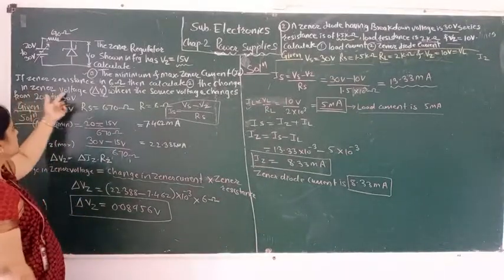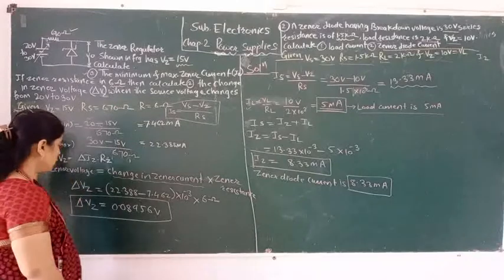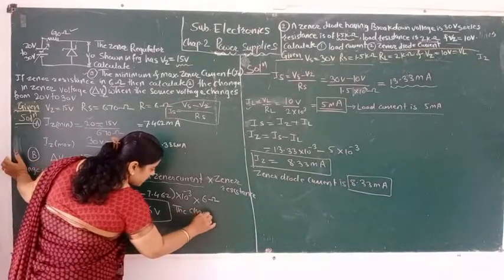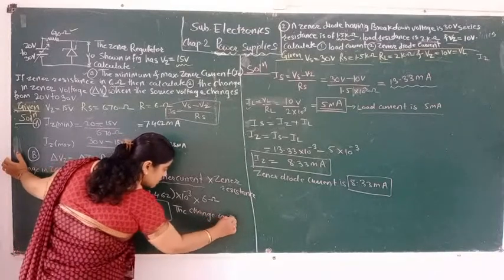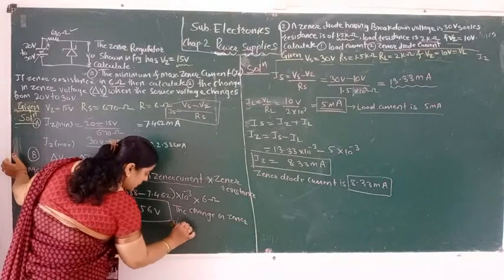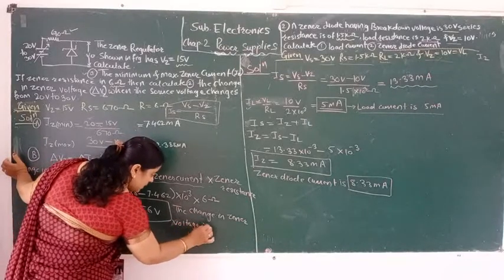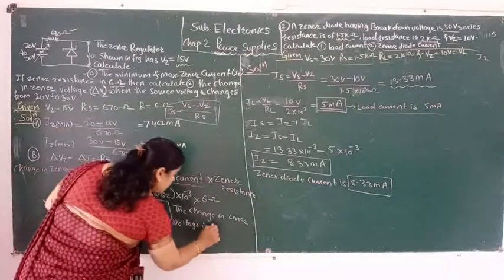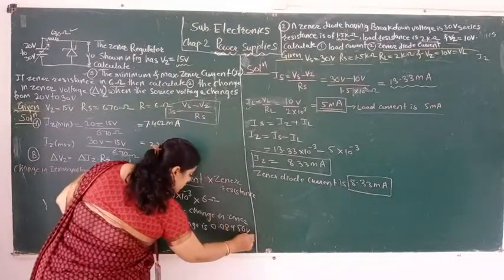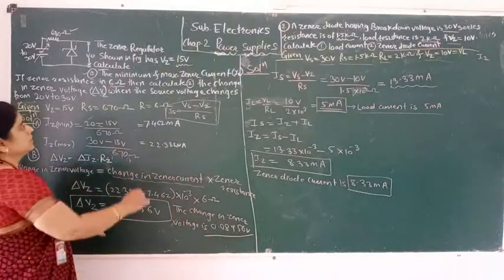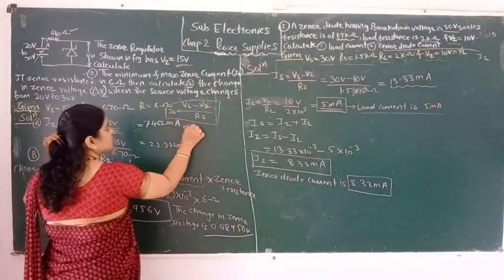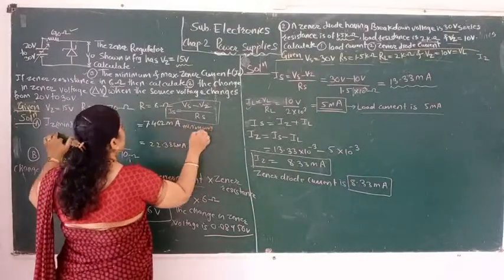That is asked. The change in Zener voltage, you can write it here, is 0.8956 volt. And you can write the minimum value. What is asked?